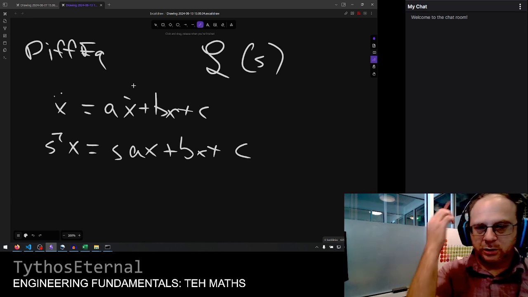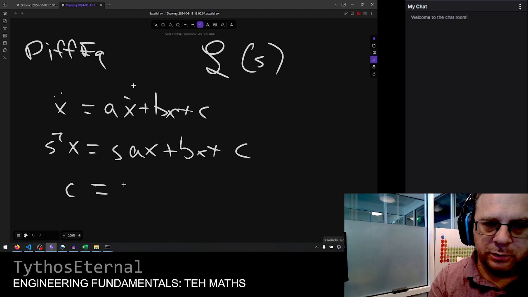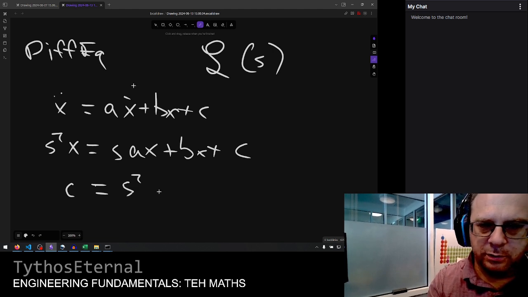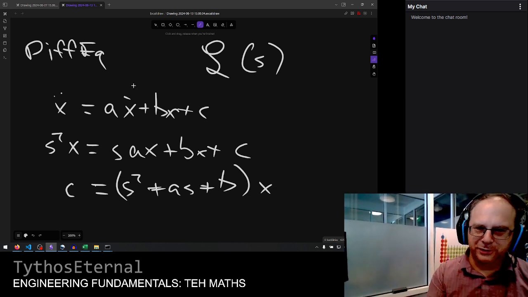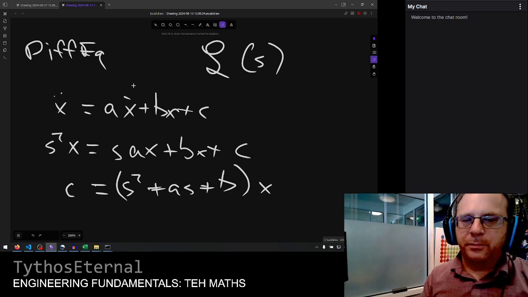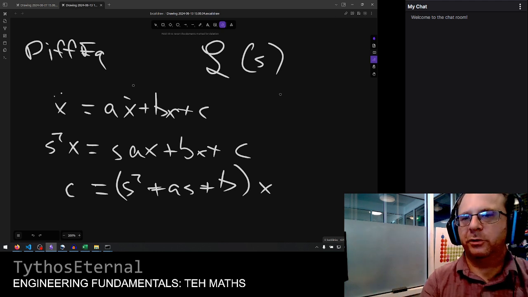And so now we can say c equals (s squared plus a s plus b) X. Boom, boom. That's going to be minus, but they're just constants. Who cares? And then once we have the Laplacian transform of the space, this is this, right?